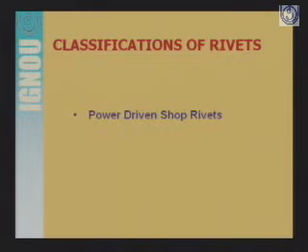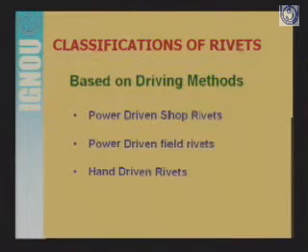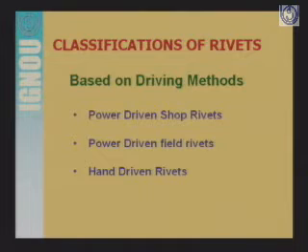Rivets that we use for connections may be of three types, based on the driving methods. That is, for driving of the rivets, whichever method is used, based on that this categorization is done, and there are basically three categories.